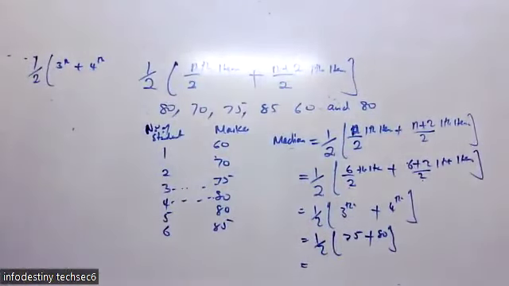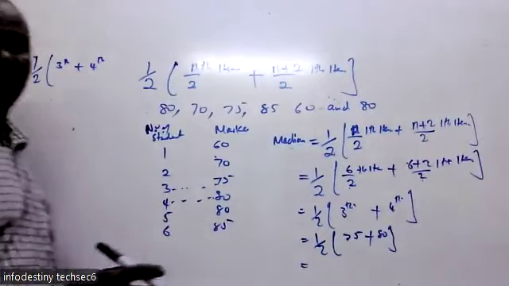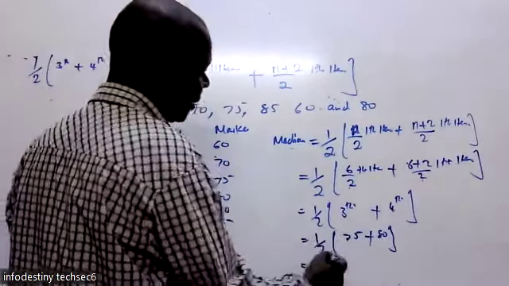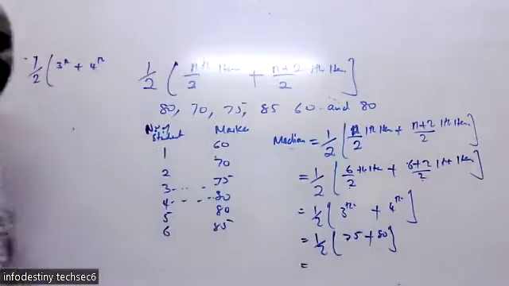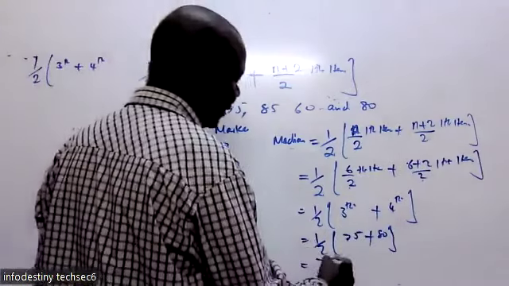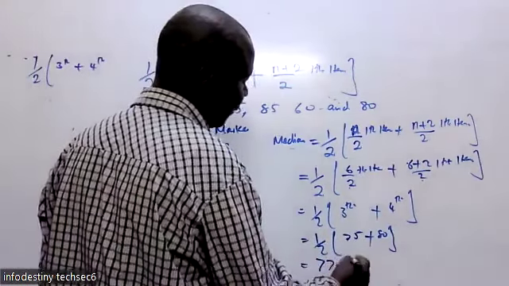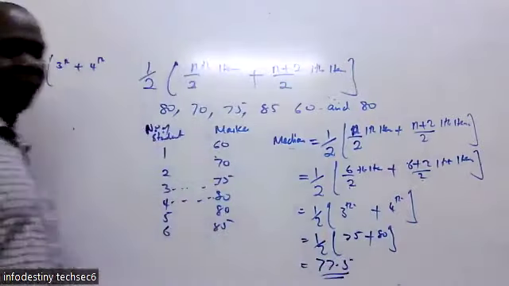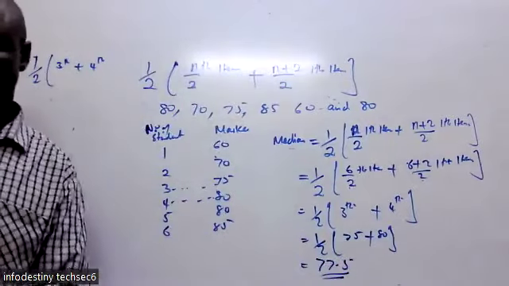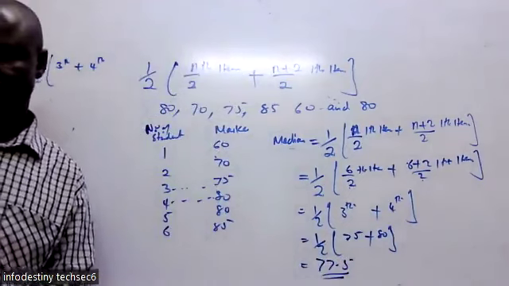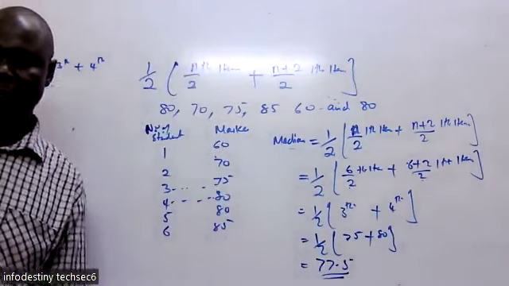We are together, Caroline? Yes. Now, this plus this divided by 2 is going to give us 77.5.